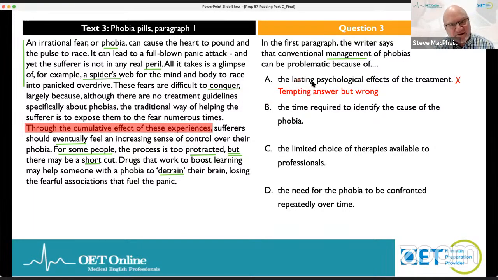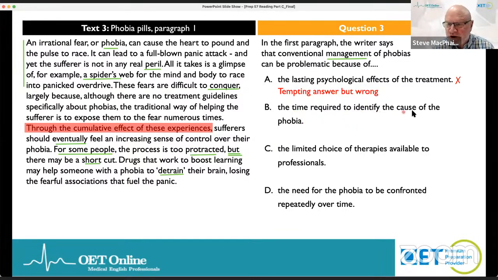So it's not a lasting psychological effect. They're actually going to get control. So this is the really dangerous one, everyone. I see these questions really tempt people because it's half right, but you only know it's wrong when you read the whole sentence. Okay, next one.